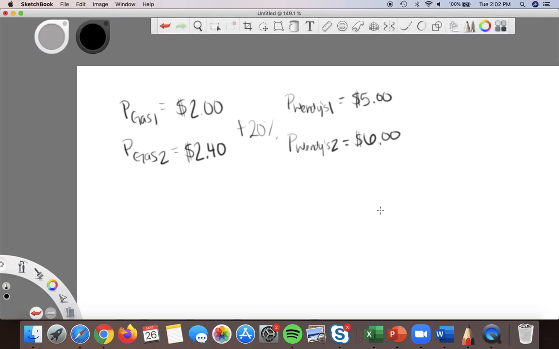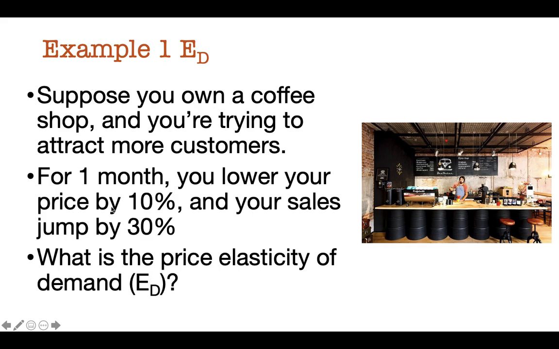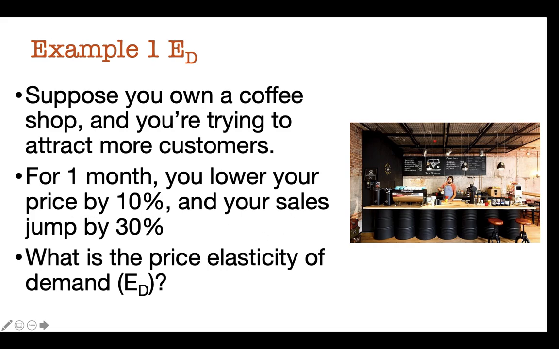So I'm going to move over here. So elasticity of demand is the percentage change in quantity demanded over the percentage change in price. So if I plug in our numbers from the question, we start off with lowering prices by 10%.